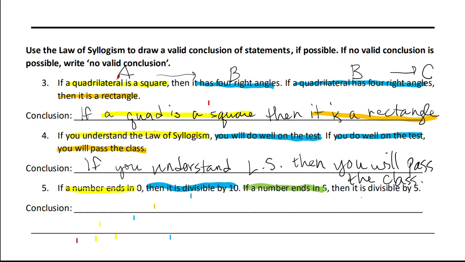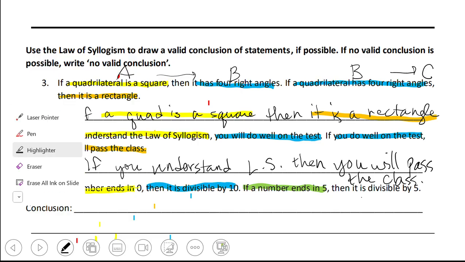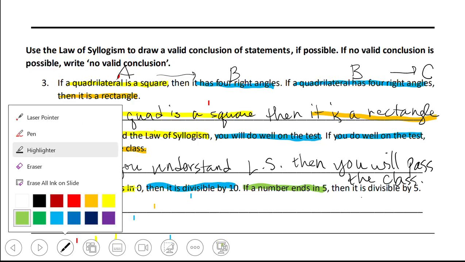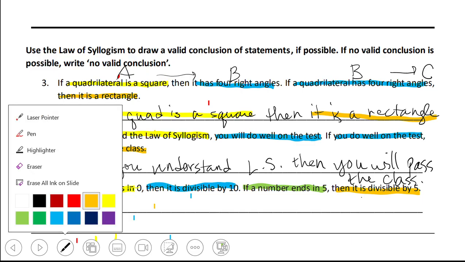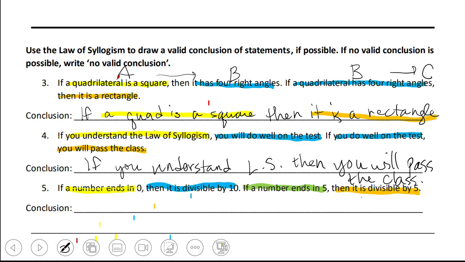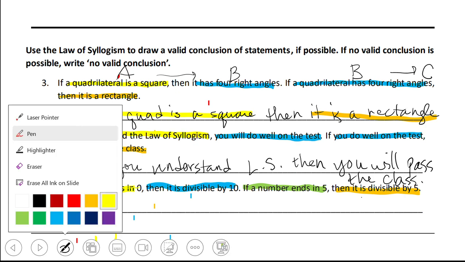If a number ends in 5, then it is divisible by 5. Oh, that's going to be still a different color. So all of these are different colors, which means I don't have a valid conclusion. I can't skip over anything because we don't have dominoes that are pushing each other over. So this is no conclusion.